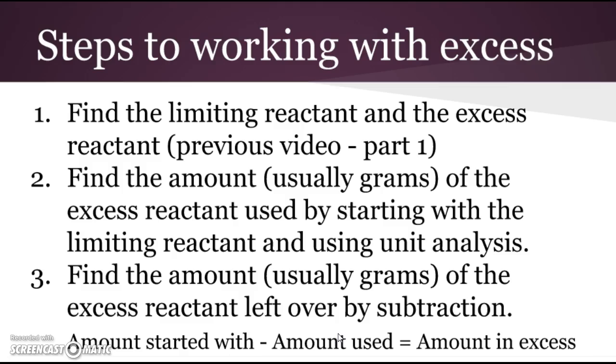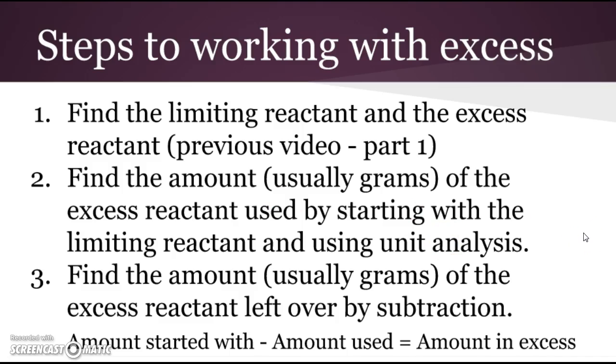So let's review those steps. The first thing we did was find the limiting reactant and the excess reactant, and we did that in part 1 of this video series. Then I found the amount of grams I actually used, starting with the limiting reactant and using unit analysis.